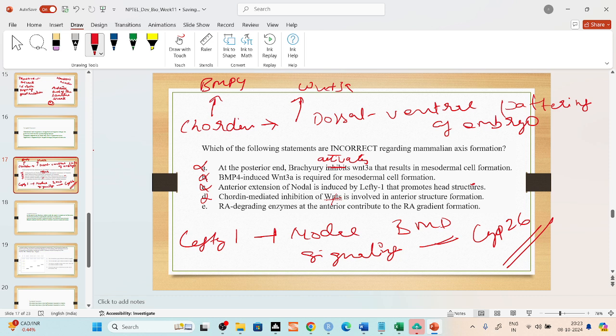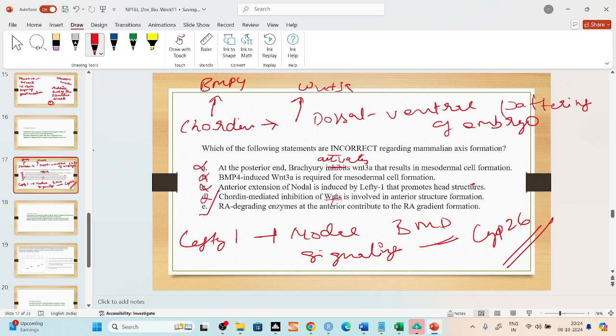So, they degrade your retinoic acid at the anterior end, which helps in establishing a proper gradient and axis formation. So this statement becomes your correct statement.